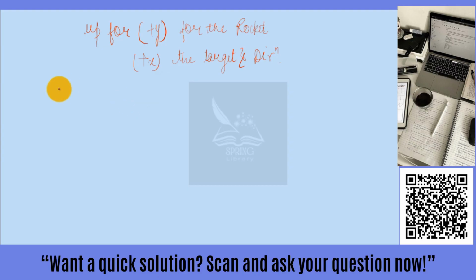The rocket will reach height y1 equals 30 meters starting from y naught equals 0 with initial speed v naught equals 0. We will need time t1 to do so. During that time, the target will have displaced to x1, which is our ultimate goal.